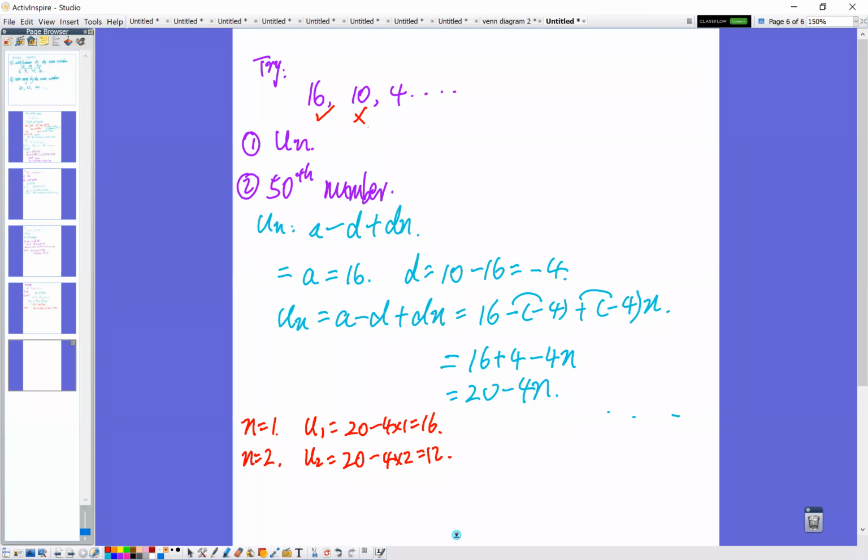This answer is wrong. So what can we do for this question then? So we can find out, it's like a minus d plus dn. There must be something wrong at the beginning.